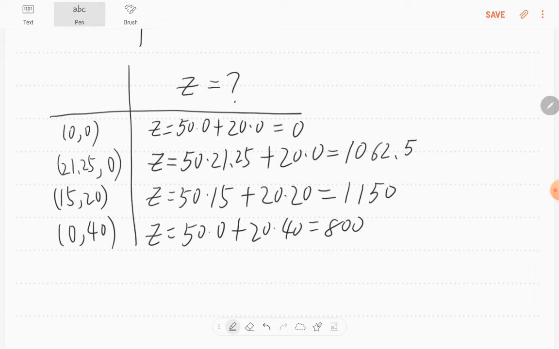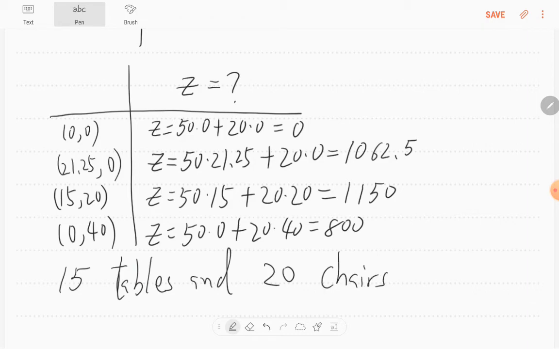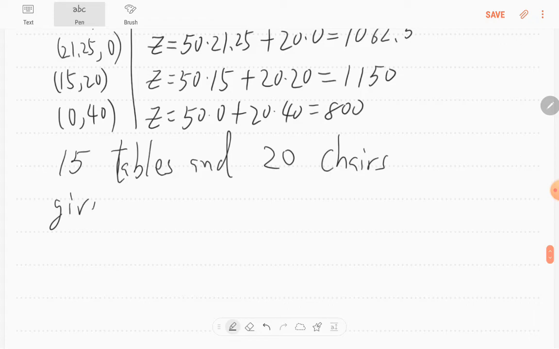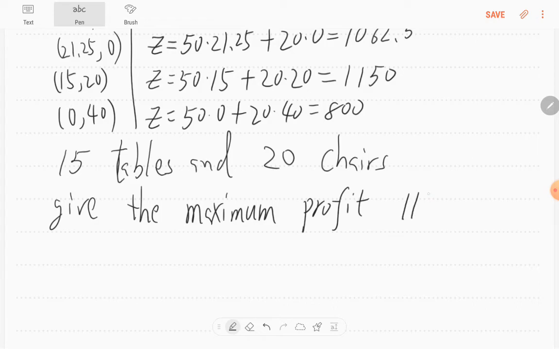So that means if the company produces 15 tables and 20 chairs, that gives the maximum profit, which is $1,150.